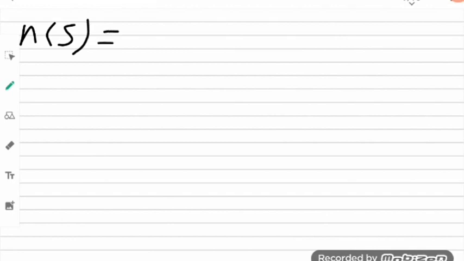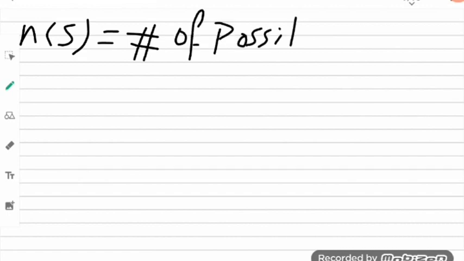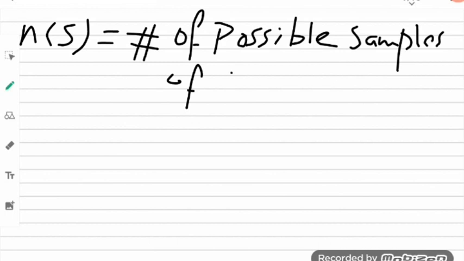This is the number of possible samples of size n. We're just choosing small n from capital N. This can be done in how many ways? It will be capital N choose small n, which is a combination rule.